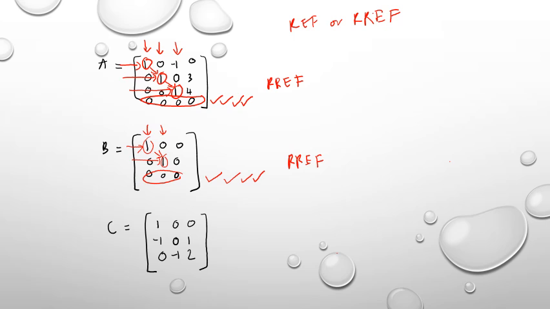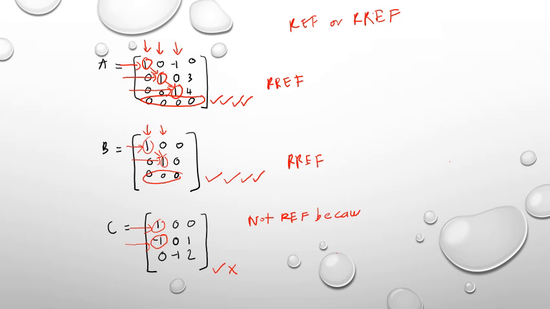So the last one, C. Okay, let's check. Is there any all zeros row? No. So we just skip that property. For the second property, we see the number 1 first. Oh, this is number 1. Now we see -1. So, no. Property number 1 is satisfied, but the second property is not satisfied. So this is not REF.